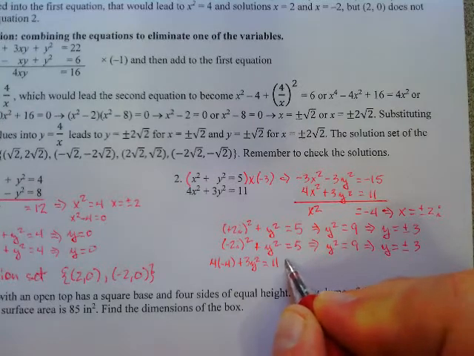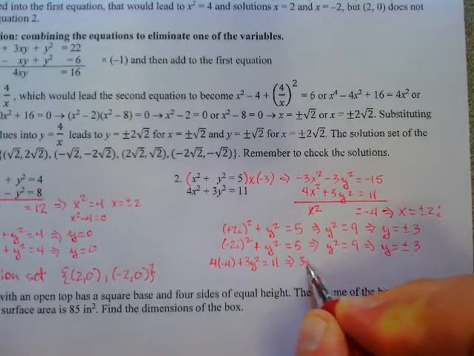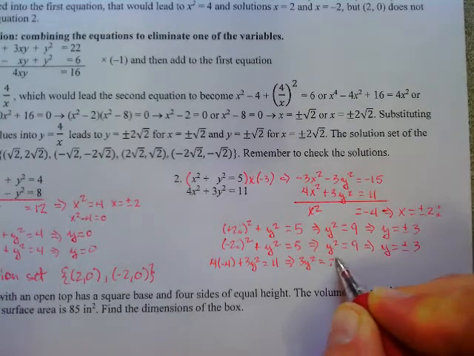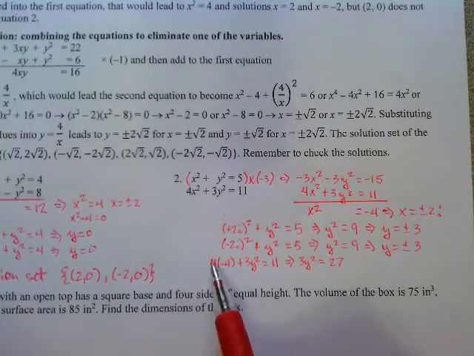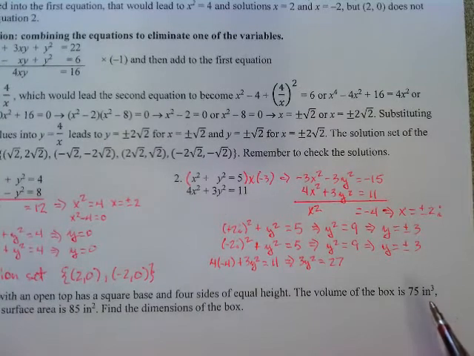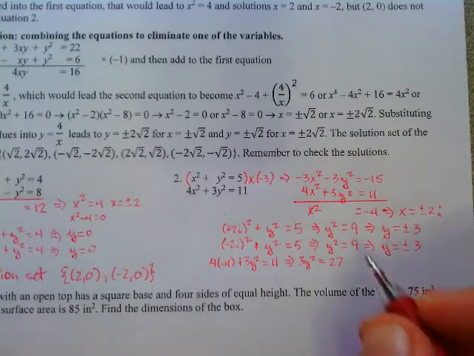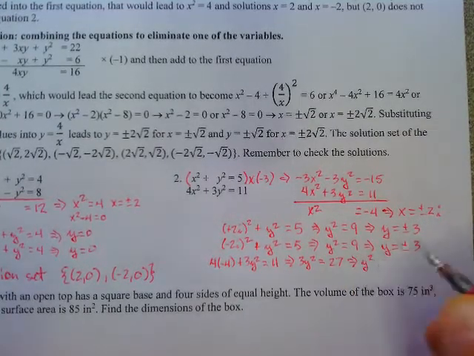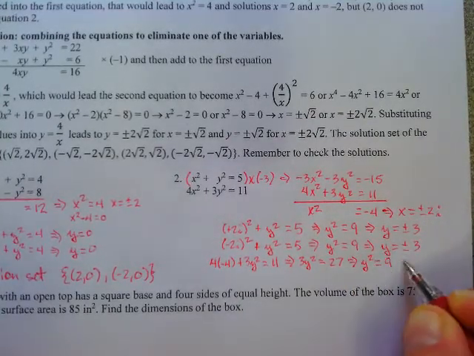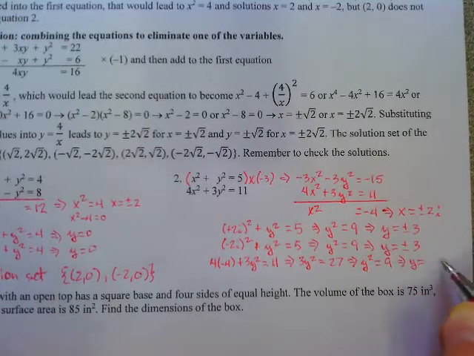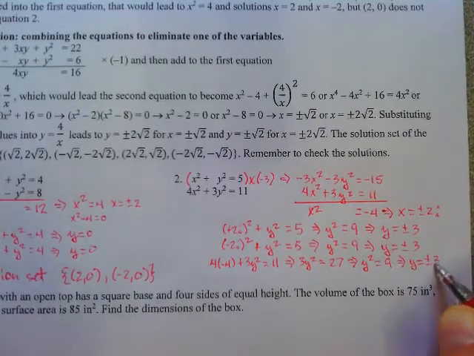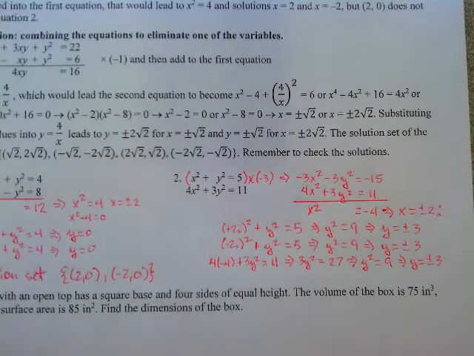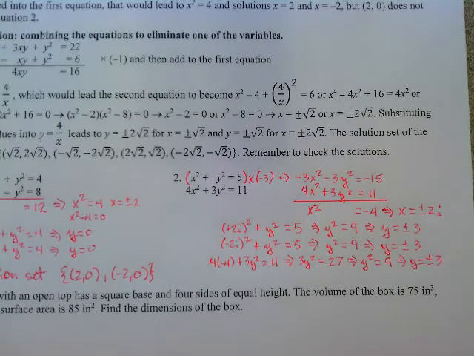This gives me 3y squared will equal 27. This will be negative 16. Move it to the other side. 11 and 16 gives me the 27. Divide both sides by the 3. So y squared again equals 9, and that gives me our y equals plus or minus 3. So you can see that it didn't matter which equation I used, I could still get the plus or minus 3 for the y values.